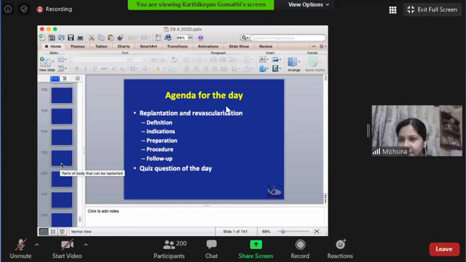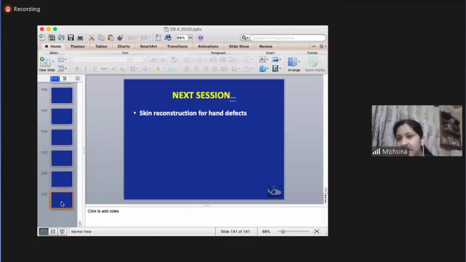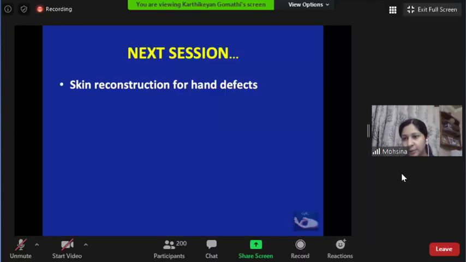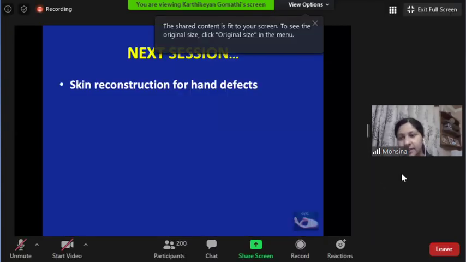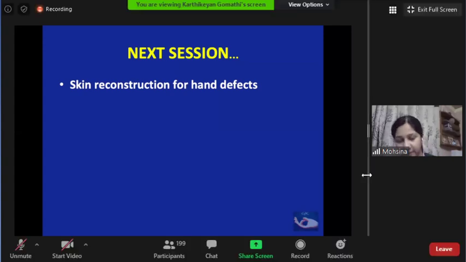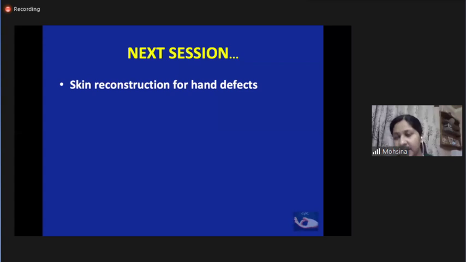Sir, can I ask you questions? About the vein dissection part which you mentioned, there are two techniques of raising subdermal and subcutaneous flaps. Which one will you prefer? Practically we usually do the subdermal technique in our institute, but twice we faced skin necrosis over the survived replant part.